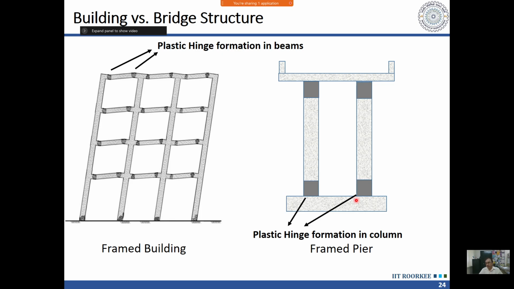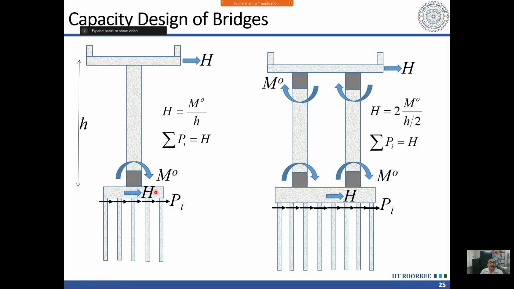So that's why in SP114 there is now a more direct approach, where we calculate the moment capacity, and that moment capacity we multiply with an overstrength factor. That overstrength factor takes into account the strain hardening, and we also know that in case of steel as well as concrete we are using the characteristic strength.